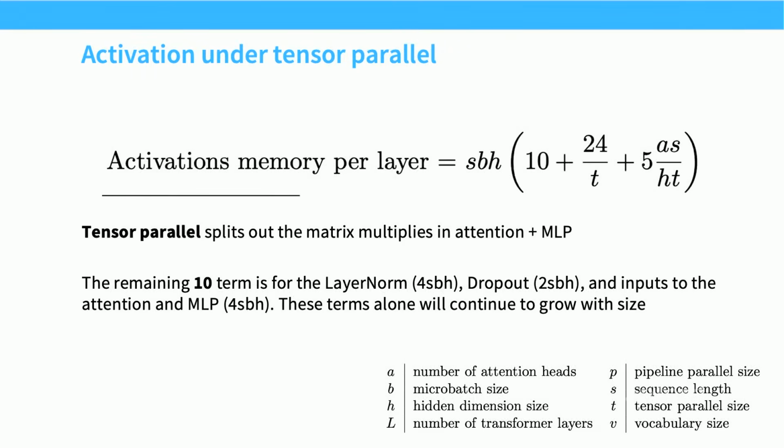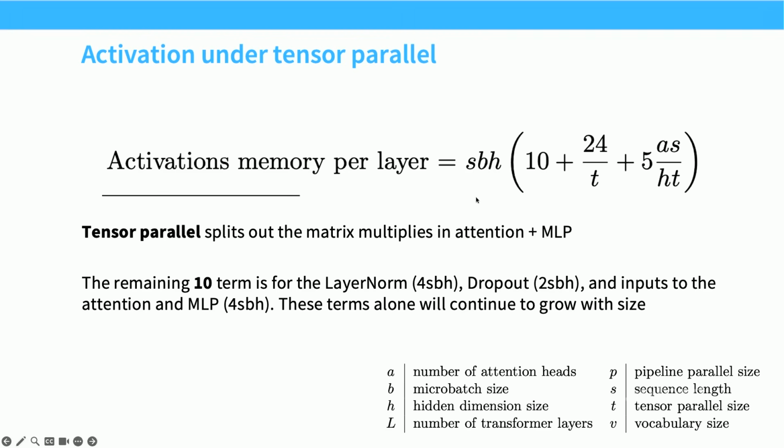Okay. Now, what if we did tensor parallel? One of the promises that I made to you in talking about model parallelism was that we could reduce activation quite a bit. So let's think about what happens. Tensor parallel is going to split out the matrix multiplies in attention and MLPs. Which parts are those?